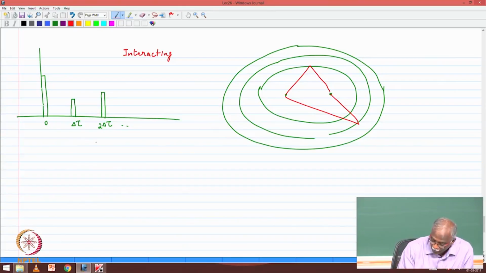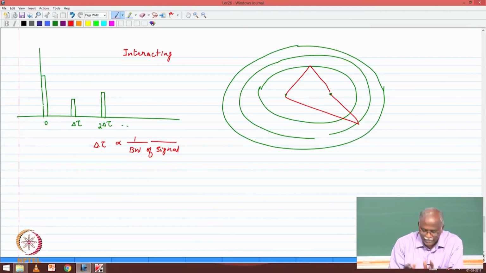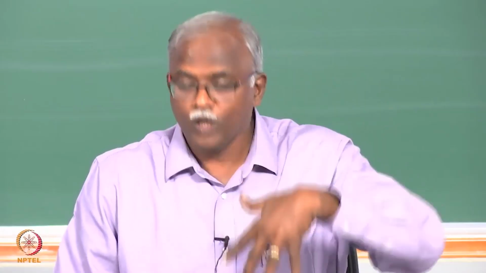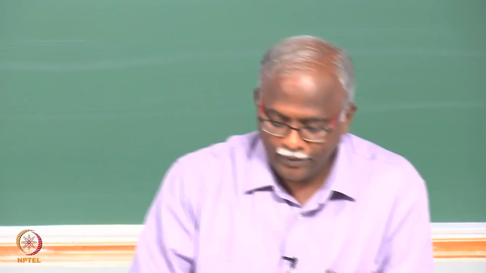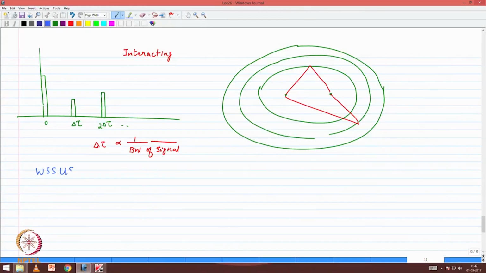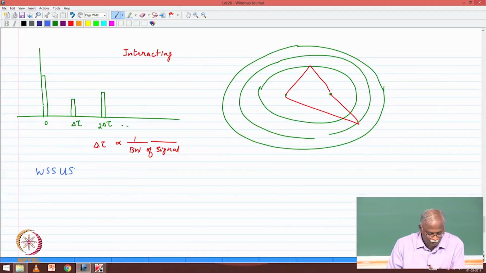We also said that this time resolution delta tau, which tells me when I can differentiate between the multipath, is inversely proportional to the bandwidth of the signal. This is something we had already explained and understood. Now, I would like to incorporate this concept into our wide sense stationary uncorrelated scattering model in the following fashion.